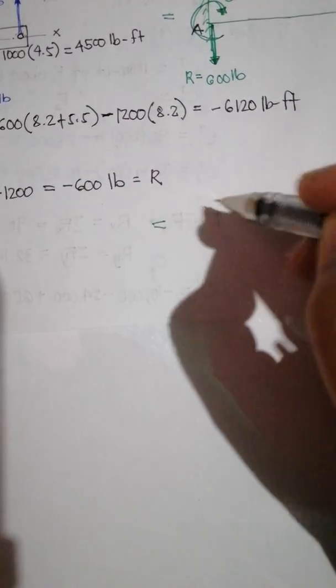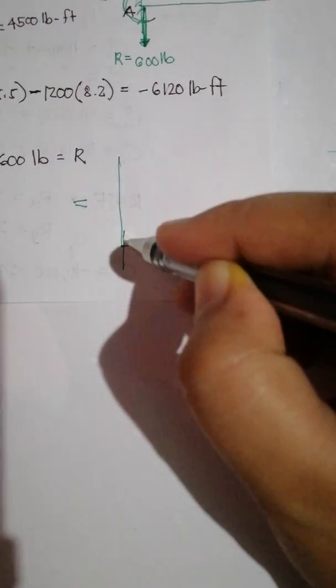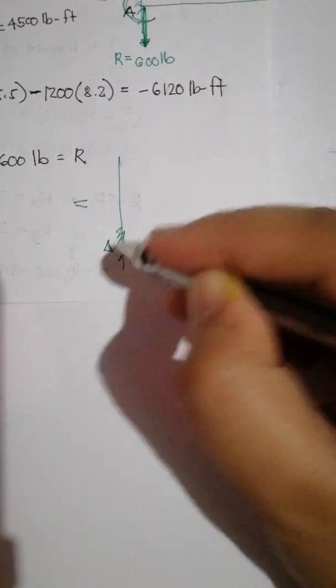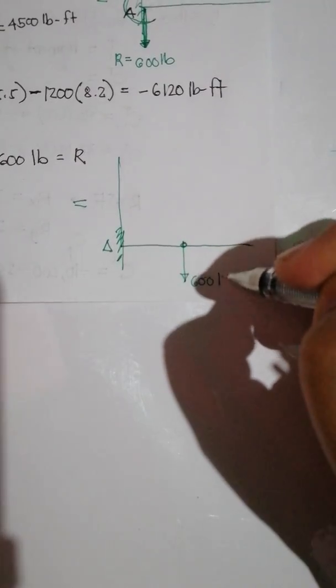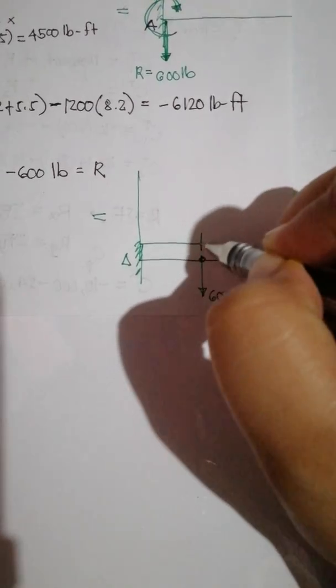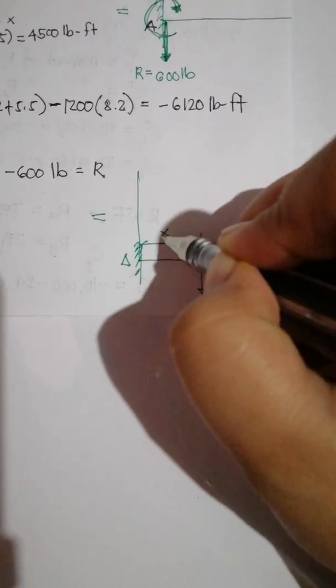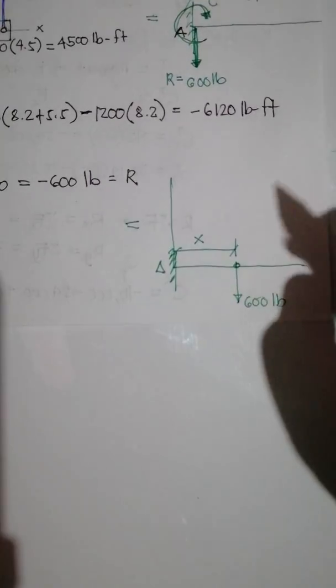Okay, now this is the equivalent force system. Sorry, this is point A. Okay, so we'll transfer the 600 pound force here. But what is the distance? At what distance should we transfer it to get rid of the couple resultant?